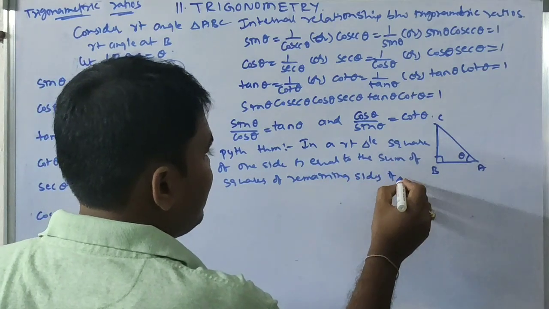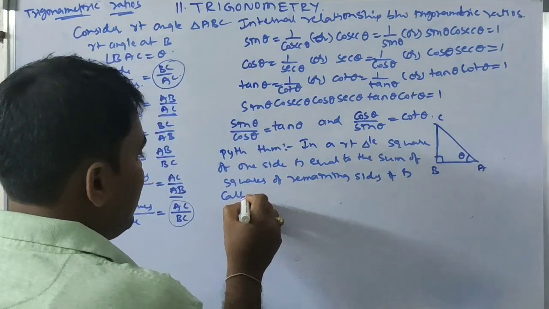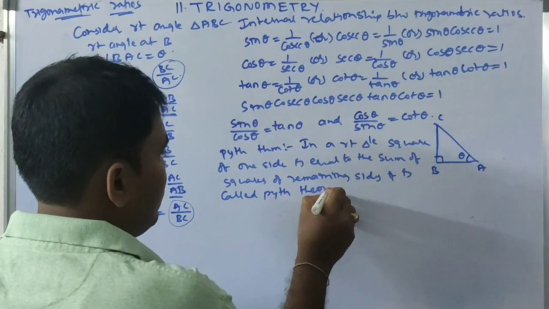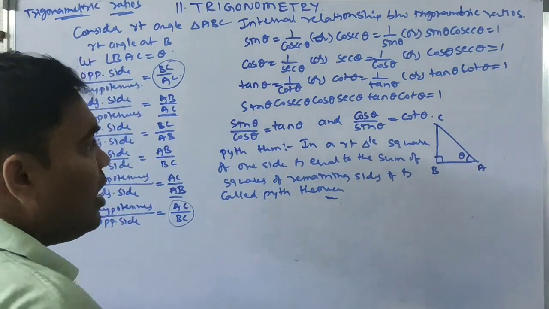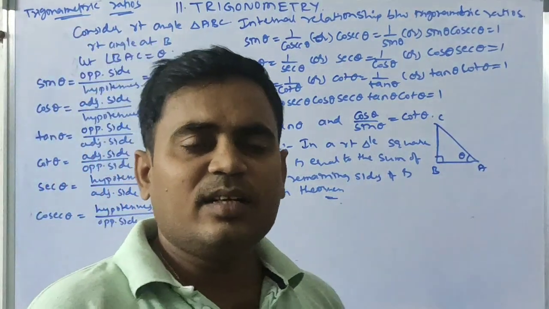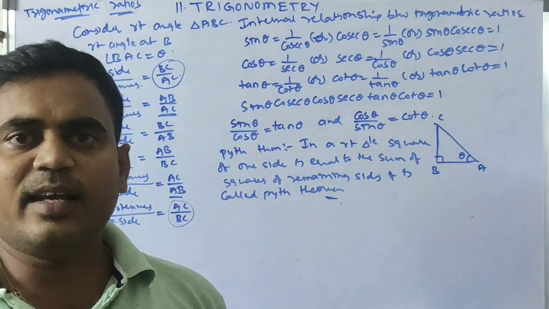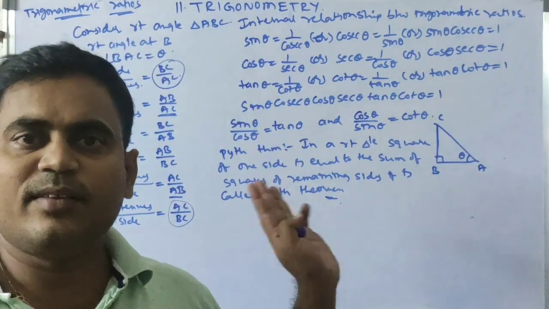It is called Pythagoras theorem. So remember, in those three sides, always the hypotenuse is the greater side. In a right angle triangle, the hypotenuse is the longest of all the sides.